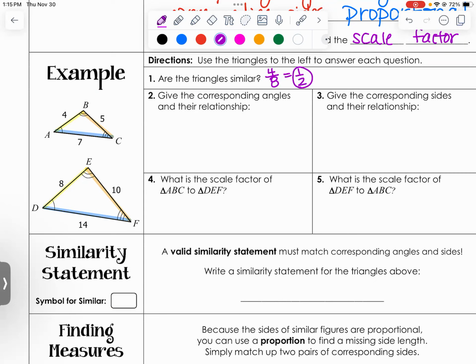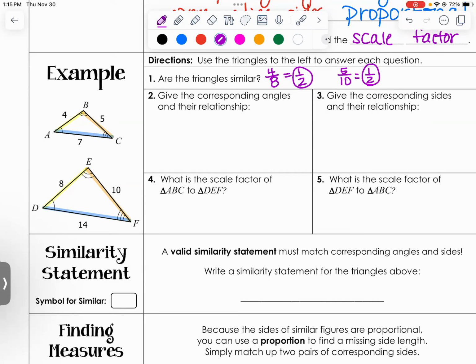Okay. What's another fraction I can make? Reagan. We can take 5/10. What is 5/10 reduced to? Okay. Tony, what's the third fraction we can make?